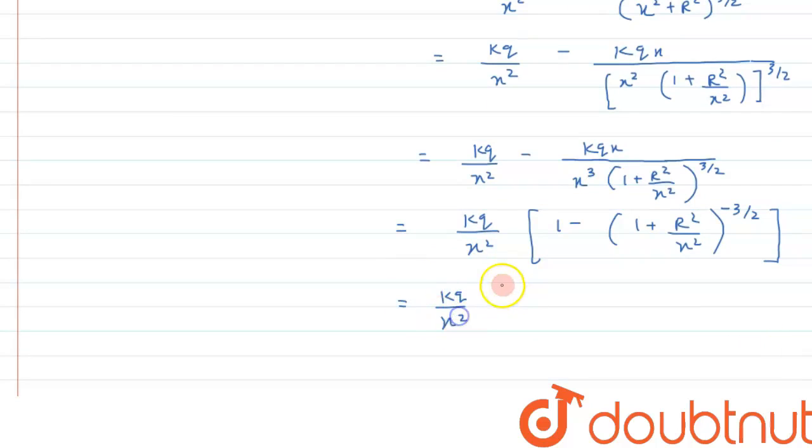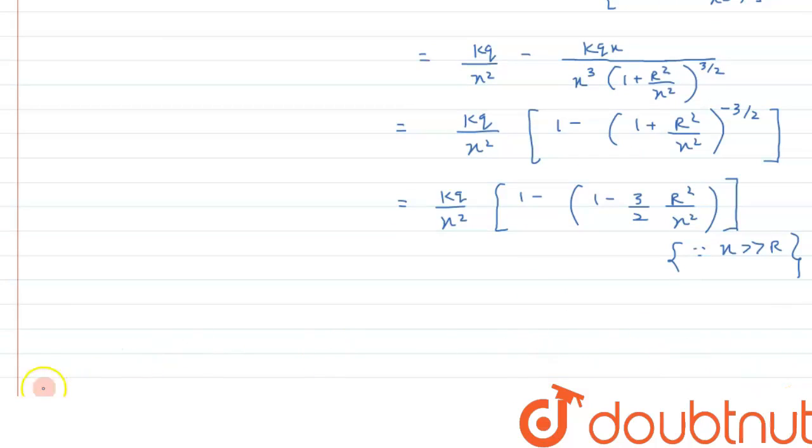Here, by using the binomial expansion, the minus 3 by 2 can be directly taken on this side, since x is much greater than r. We have neglected the terms whose value will be very much less, so we are left with this equation.